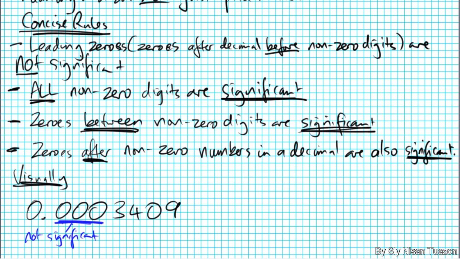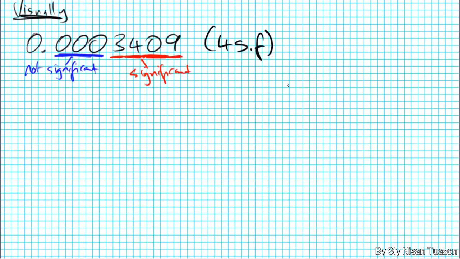All non-zero numbers are significant, so 1, 2, 3. And zeros between non-zero digits are significant as well. So this 0 is between non-zero digits, so it is significant. So that is 4 significant figures.